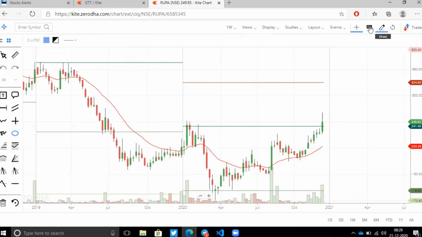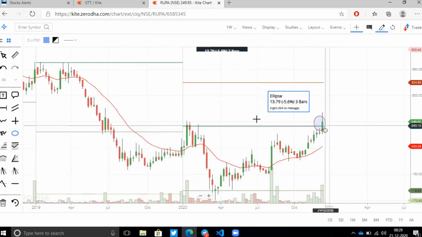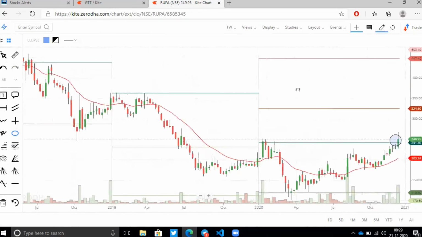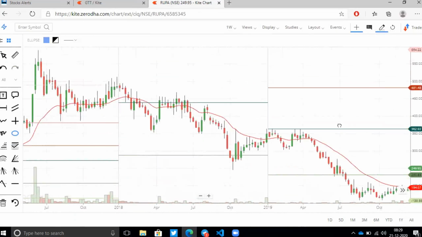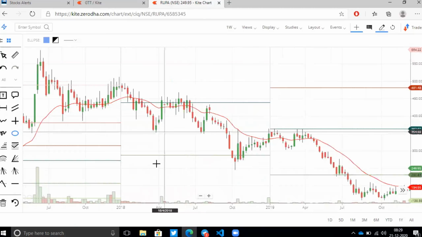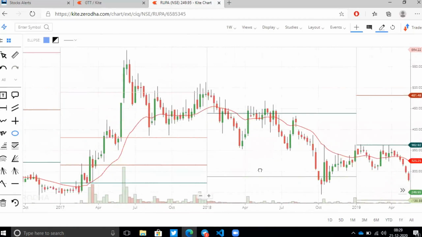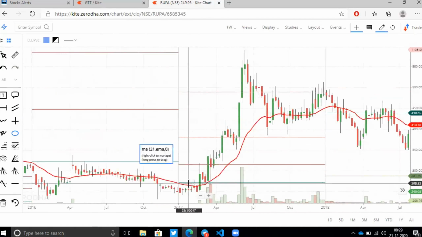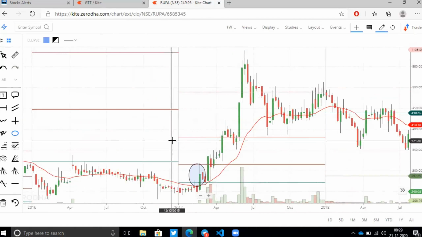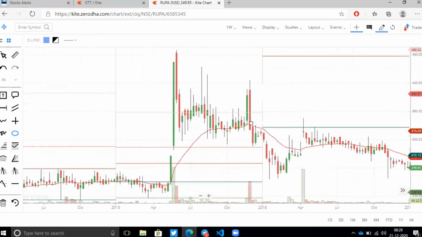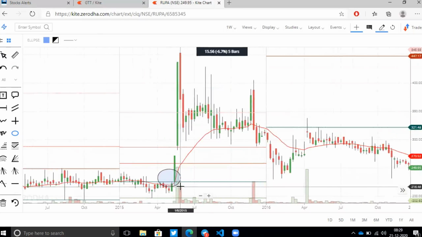And as earlier, let us spot how many times it has done this and what return we can expect. Here once, and there is no entry here, and there is no entry here, and see here there is an entry, and here there is an entry.